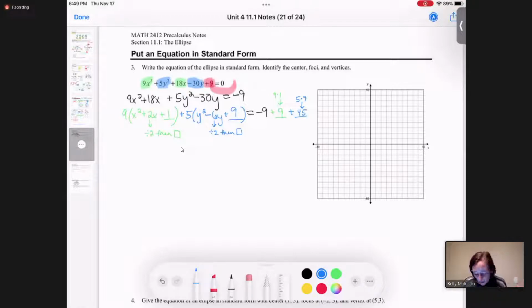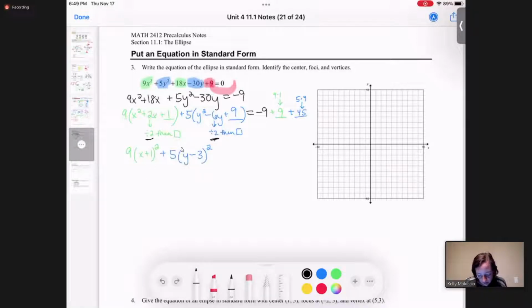So from here, we rewrite the entire thing, and we'll say 9 times x plus 1 all squared, because that's what we completed the square, we made it nice. Plus 5 times y minus 3 all squared. Whatever number you get when you divide by 2, that's the number that ends up on the inside here, right?